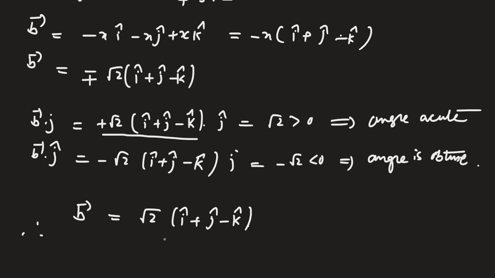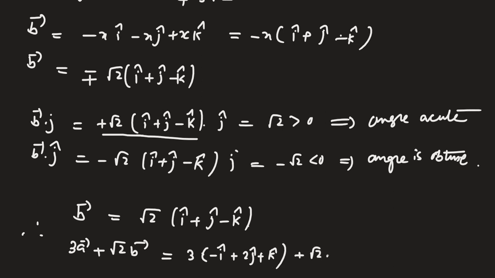Now they are asking for the projection. So 3a vector plus root 2 b vector. Now a vector value is minus i plus 2j plus k, and root 2 b vector value is root 2 times root 2 i, j and k. So actually these two cancel out, we have only 2.